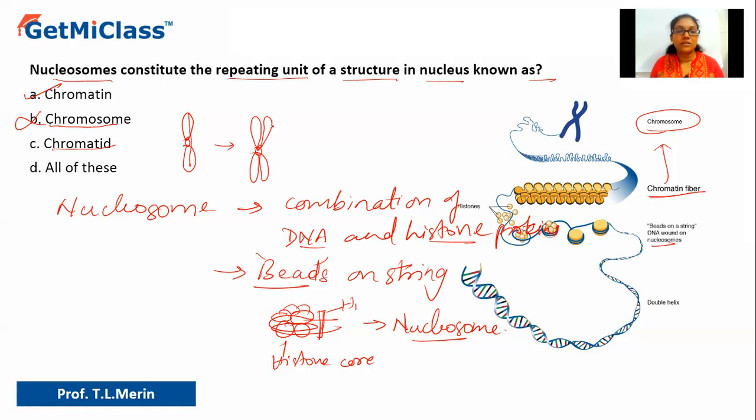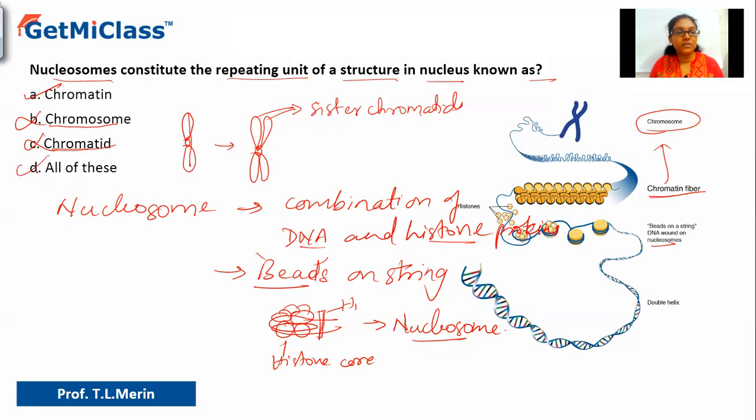These are called sister chromatids. And when are they formed? That is after replication. Hence it is ruled out, because after replication you will get two copies, which can be called sister chromatids.